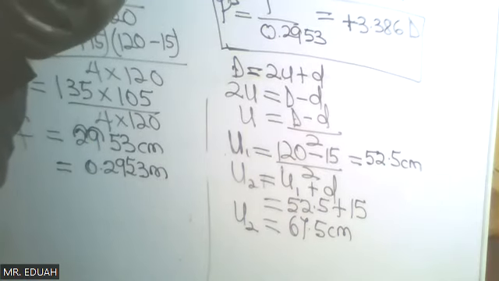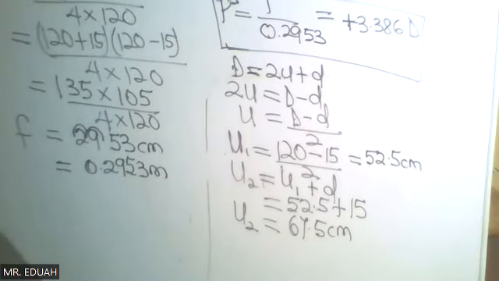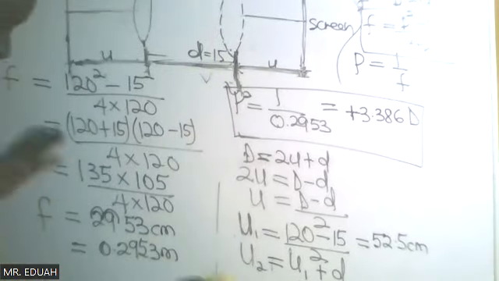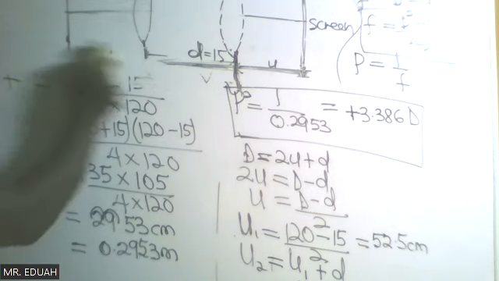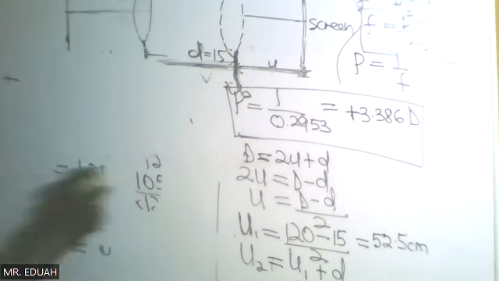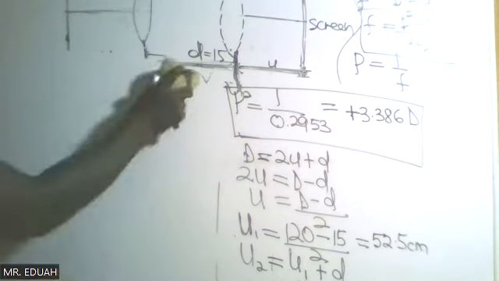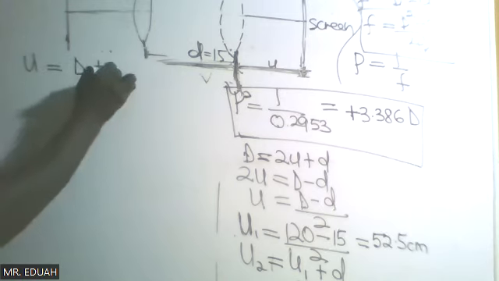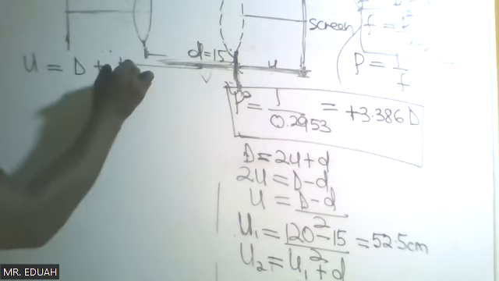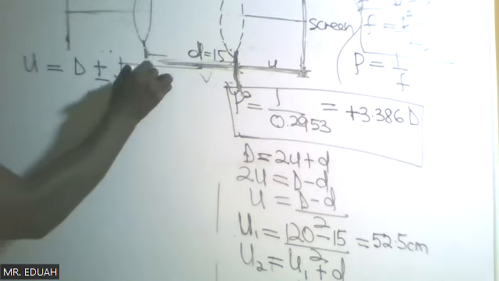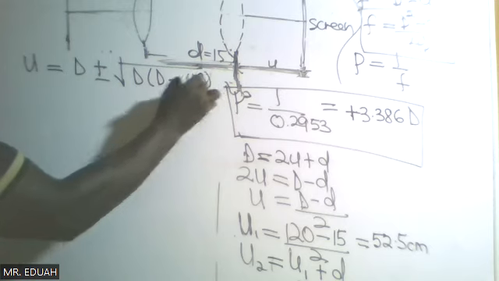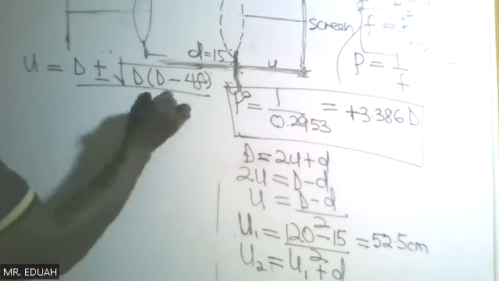Let's also use my formula to solve the same question. In my formula, we deduce that u will be equal to d plus or minus the square root of d squared minus 4df, all over 2.